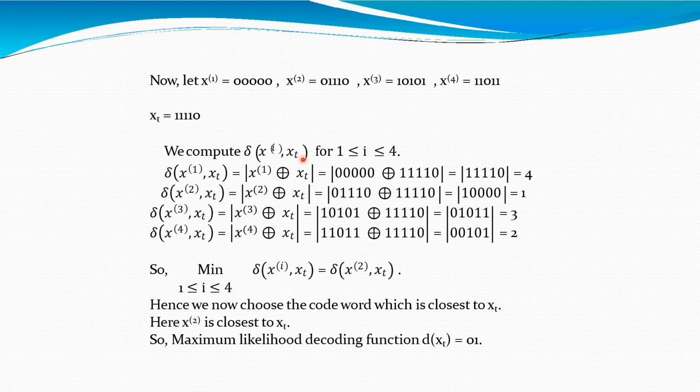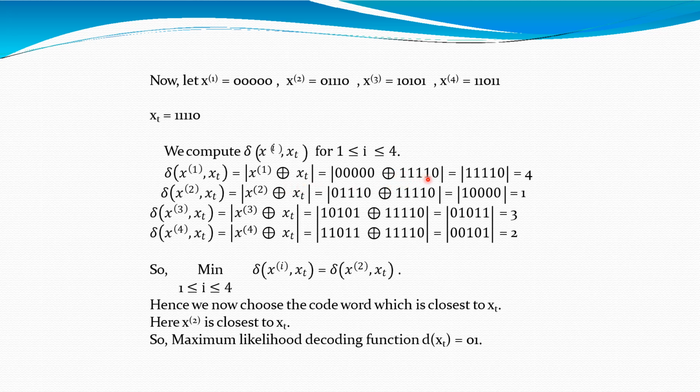Now what is distance between two words? It is nothing but weight of x ring sum y, that is delta xy. So to find delta x1 xt, distance between x1 and xt, it is weight of x1 ring sum xt. So you can add x1 with xt. So it is equal to 11110.